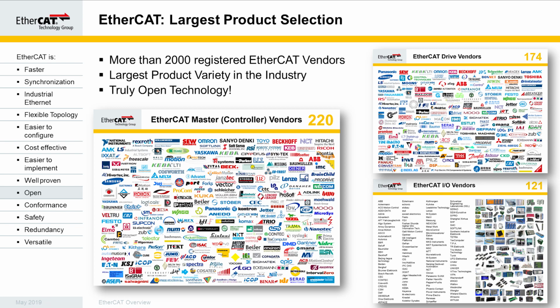With EtherCAT, it's not the case that there's one large company, one of the gorillas in the market, dominating the fieldbus technology and everybody else is just selling their slave devices into the accounts of the gorilla. We have more than 200 companies that have selected EtherCAT as their system bus, as their network of choice, as their default network. This is an entirely different way to embrace a fieldbus technology than just to sell slave devices to your competitor. And it also means that you get fully featured and reasonably priced master systems out there.